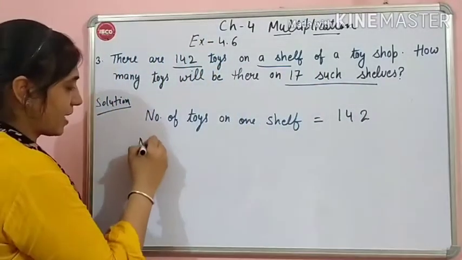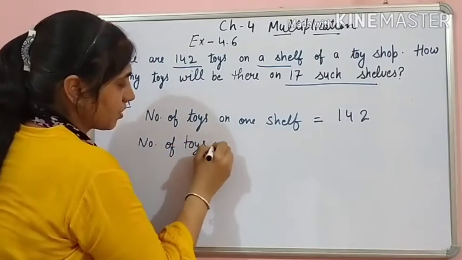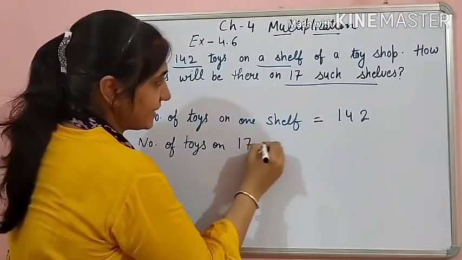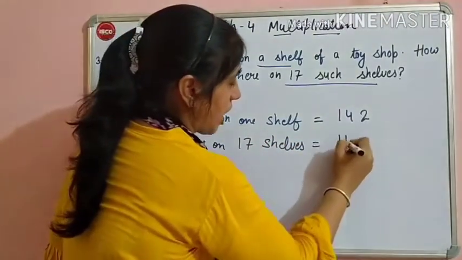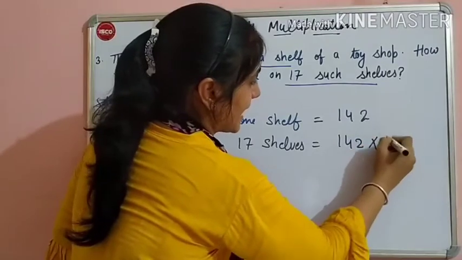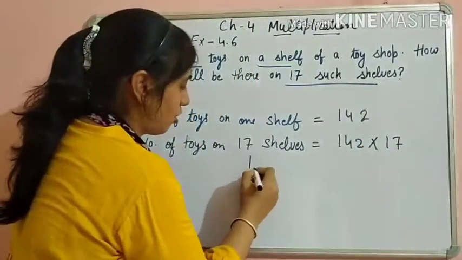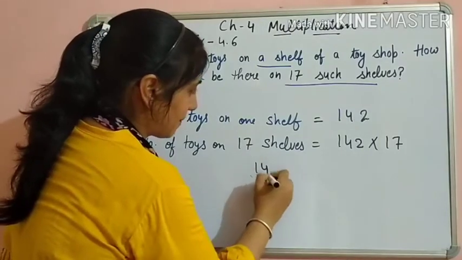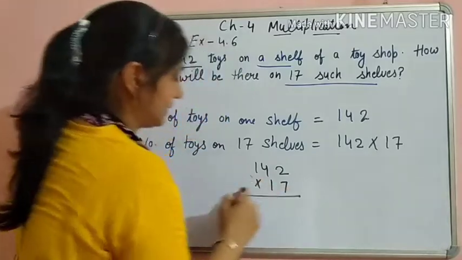And we have to find the number of toys on 17 shelves. How can we come to know? Yes, by multiplication.